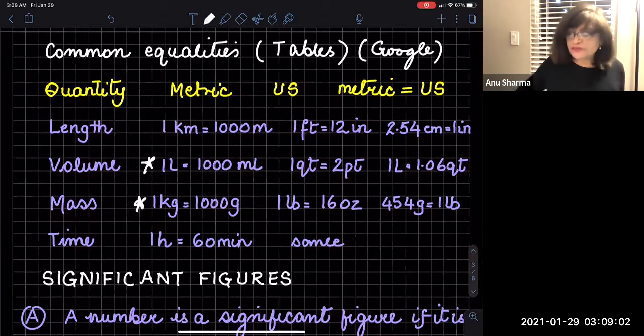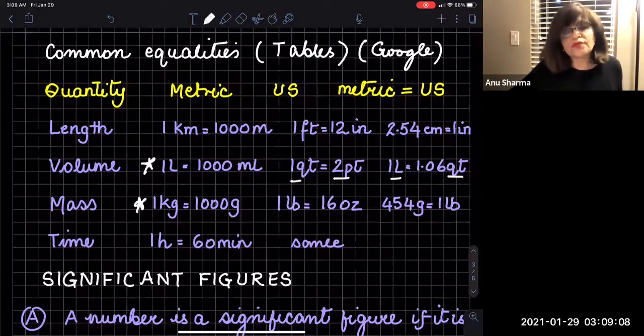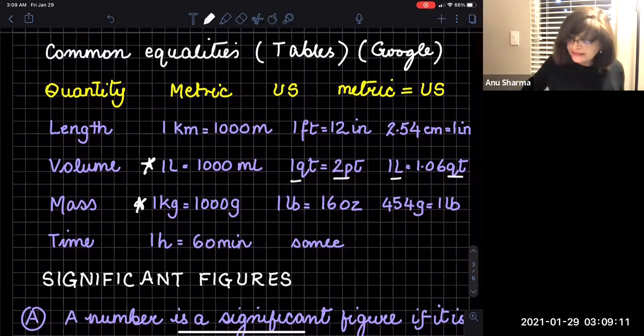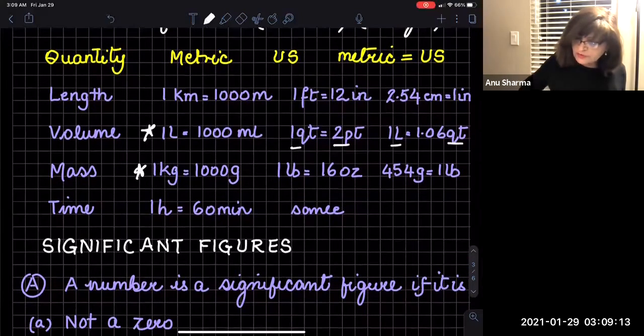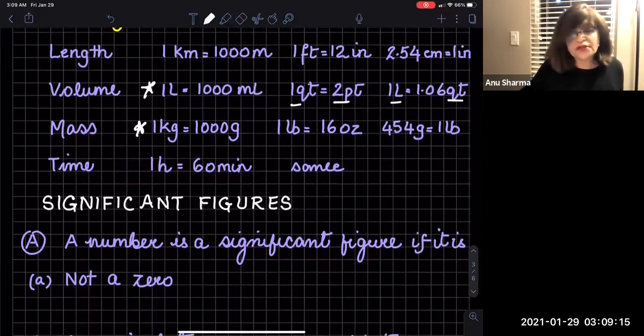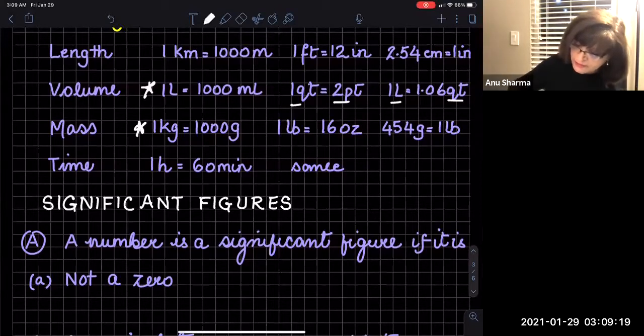But we also see that liters and quarts are related. Similarly quarts and pints are related. So these equalities are used to convert one unit to another unit, and the methodology that we use is the conversion factors, and we're going to deal with them later.